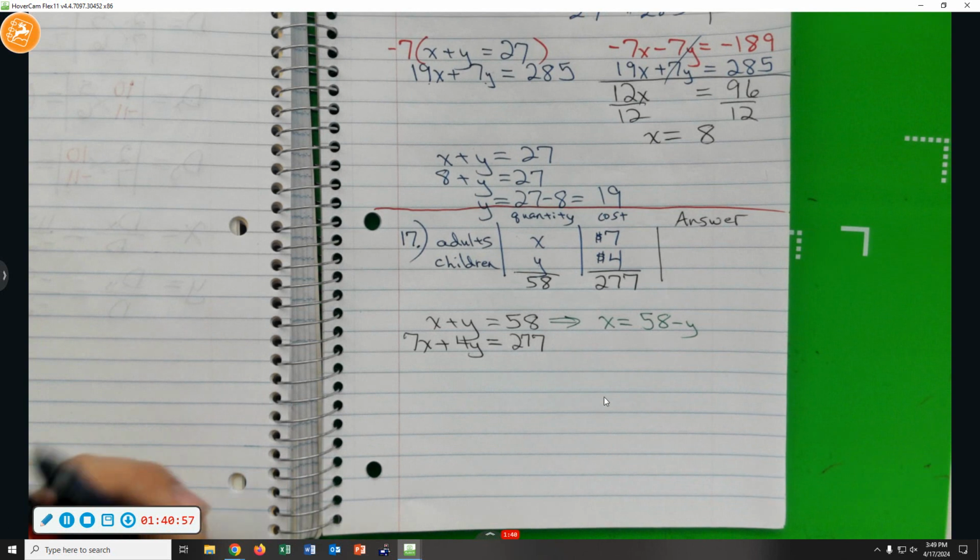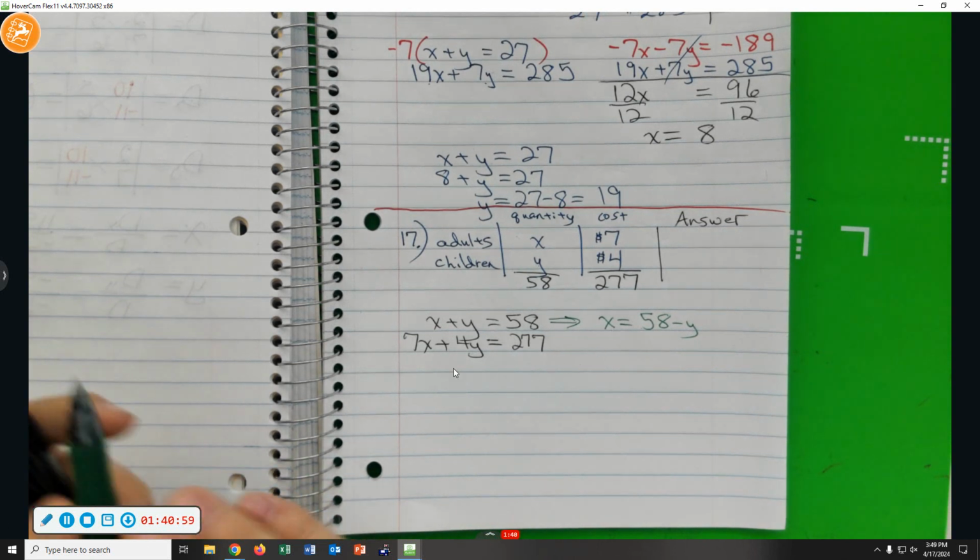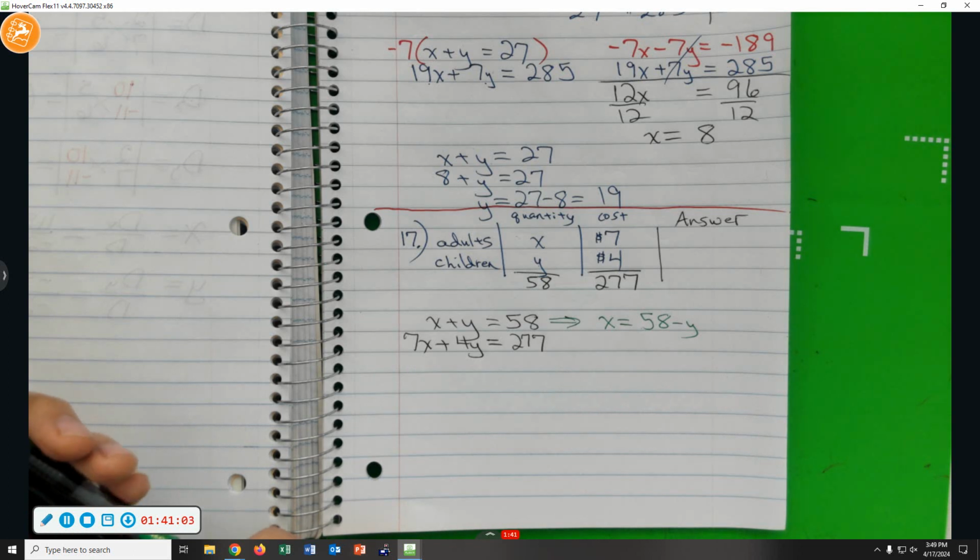This is a good opportunity to remember the substitution method. What am I going to do with that 58 minus Y?